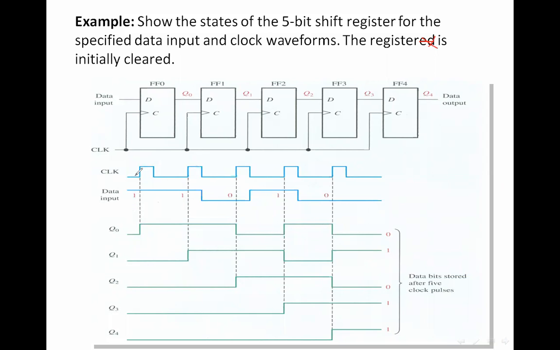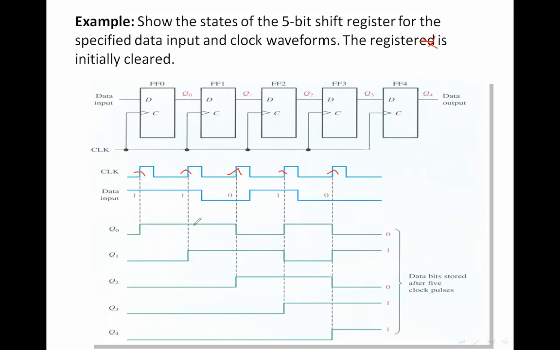So if you can see this, what kind of clock is this? Rising edge, falling edge, positive edge, negative edge? Rising edge, right? Because changes are reflecting at the positive edge of the clock. Okay. So my data here is 1 and clock is high. So this will be high till the next clock pulse.